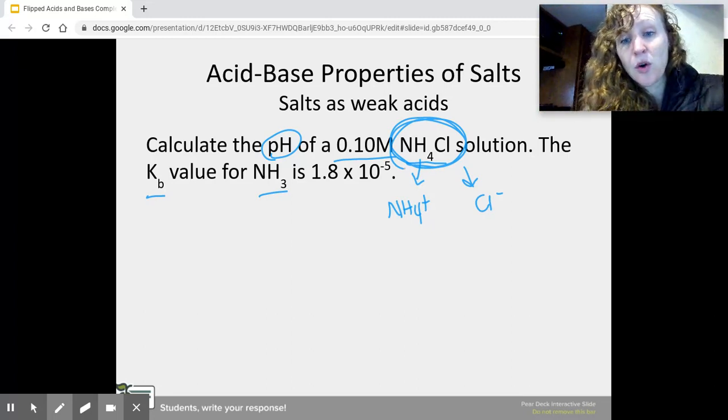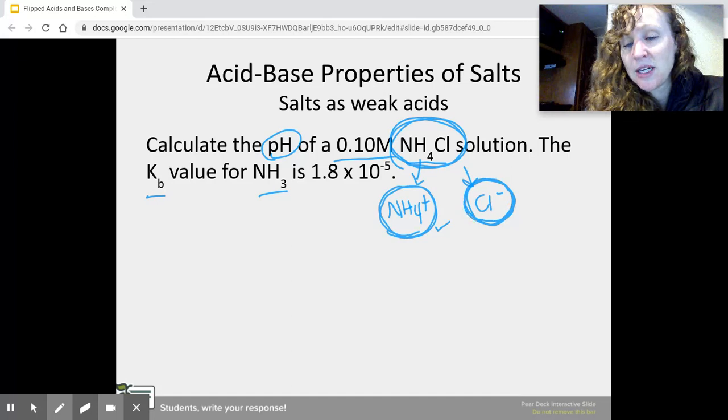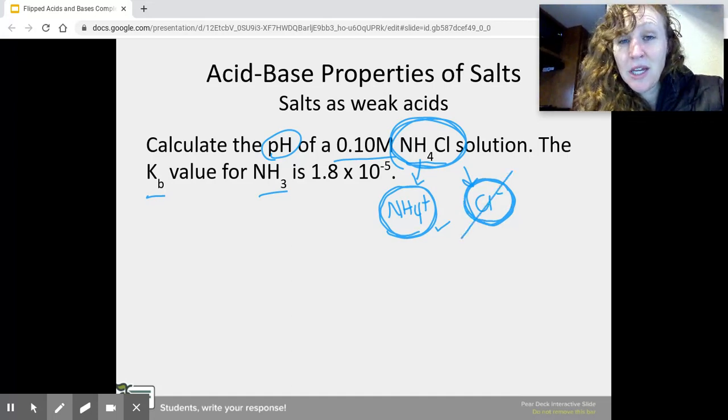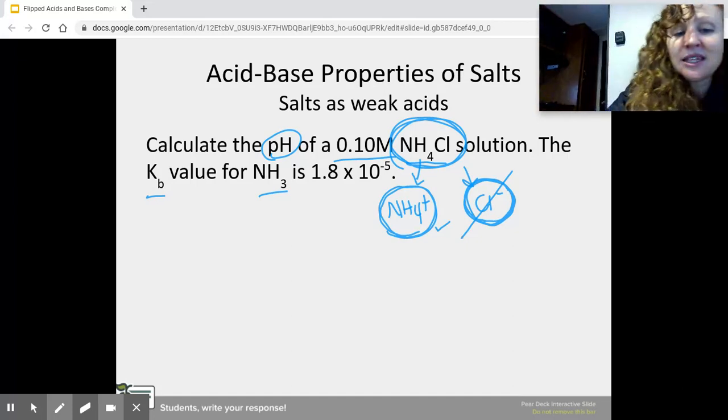Okay, so NH4 plus is the conjugate of NH3. That's going to be a weak acid that will affect our pH. Cl minus is the conjugate of HCl. HCl is a strong acid, making Cl minus a useless base. So that will not affect the pH. I can ignore it if I want to. Again, we can write this two ways.